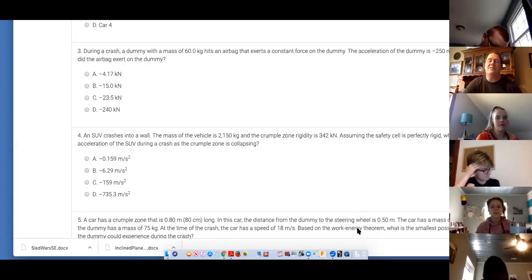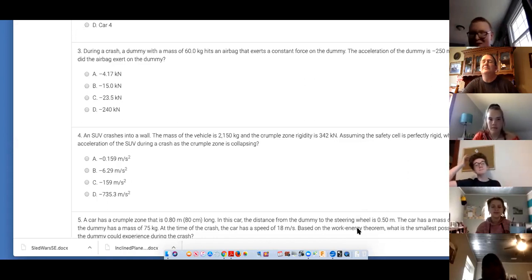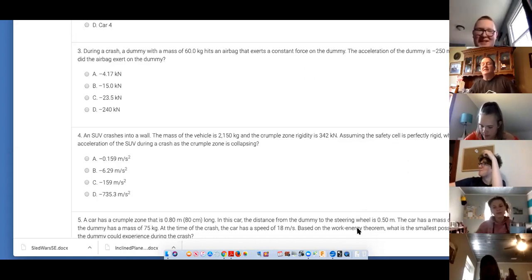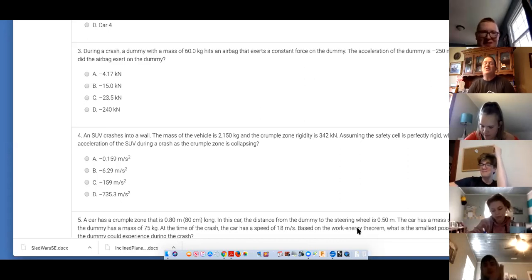Okay, Jacob, why is it negative? Because they used the brakes. Okay, what does that mean, Jacob? What's going to happen? They slow down. Yes! It's negative acceleration because it's slowed down.